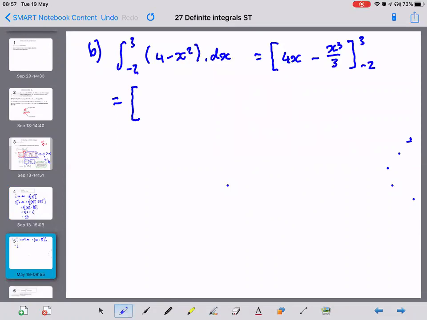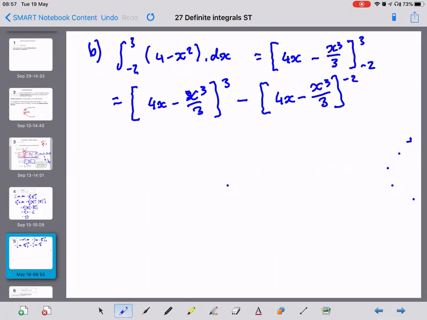This is 4x minus x cubed over 3 when x is 3, take away 4x minus x cubed over 3 when x is minus 2. Evaluate the first bracket.